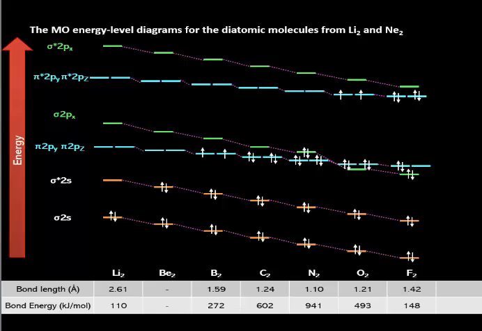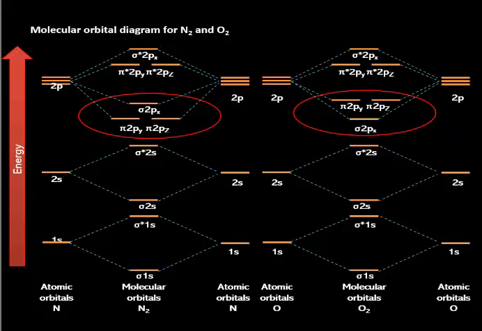But as we move to oxygen and beyond, the stronger axial overlap pulls the sigma orbital below the pi orbitals. This is known as orbital crossover, and it's the reason why the MO diagrams for N2 and O2 look different. So, in short, in N2, the pi orbitals are lower than the sigma orbital. In O2, the sigma orbital is lower than the pi orbitals due to stronger overlap and higher electronegativity effects.